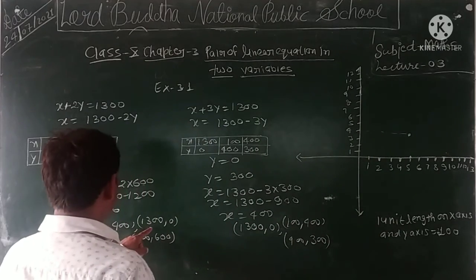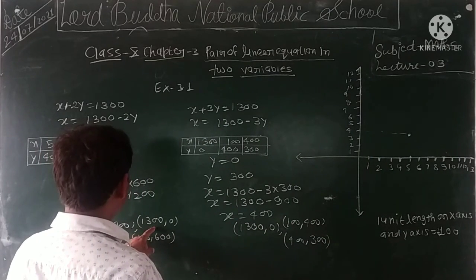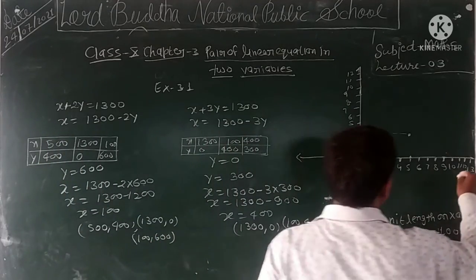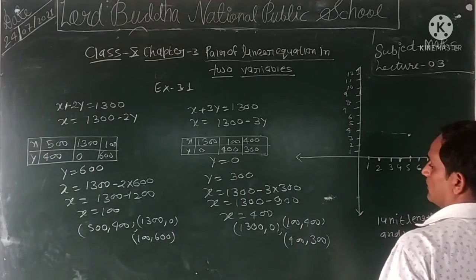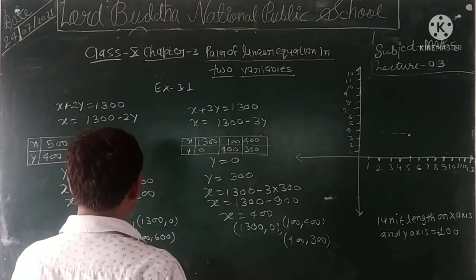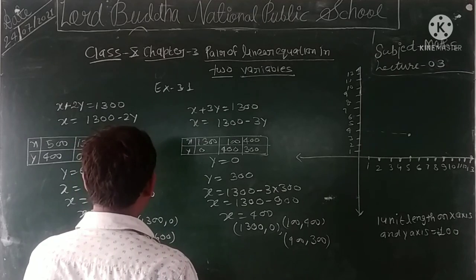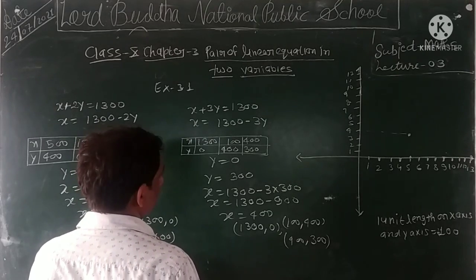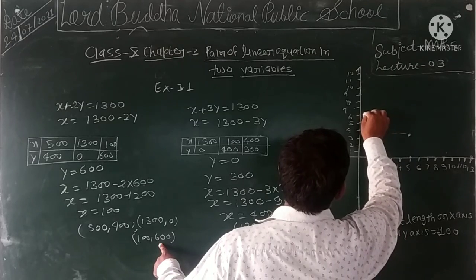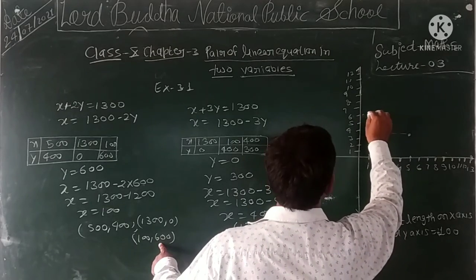After that, we take 1300 and 0. 1300 and 0 will be here. And after that, we take 100 and 600. So 100 and 600 means something here.